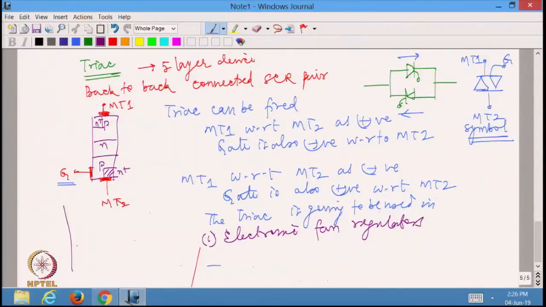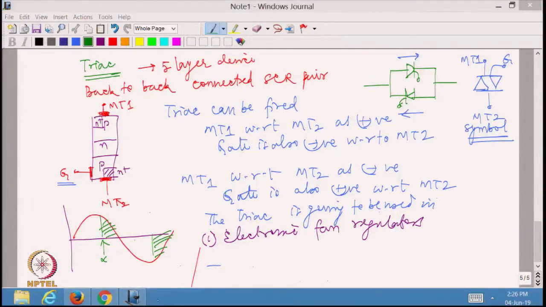If you look at the electronic fan regulator, what we apply is a single phase voltage like this, and we are going to apply the voltage only for a short while like this. So, which means I will fire probably during the positive half cycle at some alpha and during the negative half cycle at some other alpha, which is pi plus alpha.